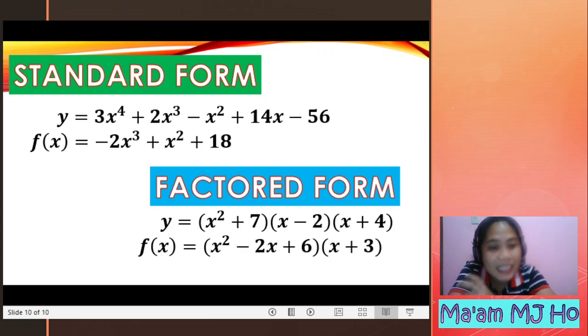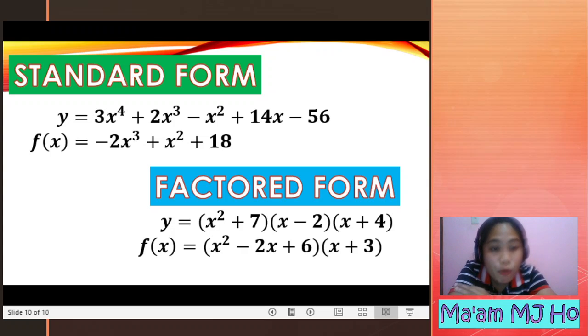So, nalaman din natin na ang constant pala ay ang kasamang variable ay x sub 0 which is equivalent to 1. Nalaman din natin na kapag wala tayong makitang coefficient sa tabi ng variable, ibig sabihin automatic 1 yun or kung negative siya, negative 1. Diniscuss din natin today kung paano ba natin malalaman kung ang isang function ay polynomial function or hindi.